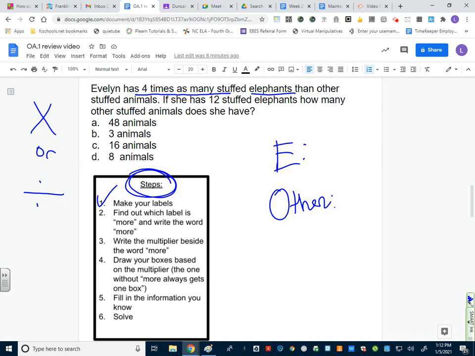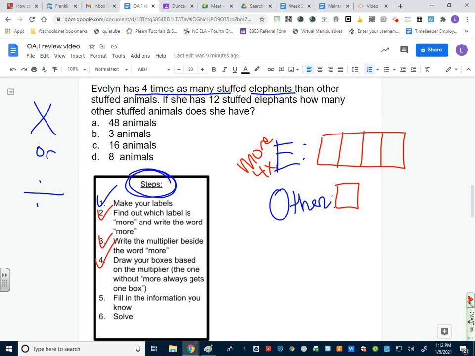Second step, figure out which label is more. Well, it says Evelyn has 4 times as many elephants than other stuffed animals. So I learned that she has more elephants, 4 times more elephants. So that means there's going to be 4 boxes by the elephants and only 1 by the other stuffed animals.